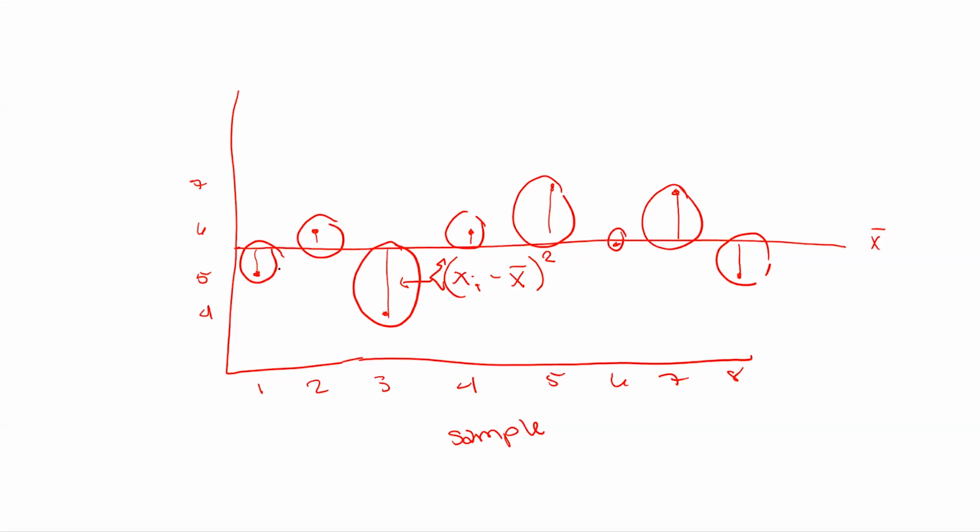Sum those together to see how much variation there is from the mean, and then we divide that by our degrees of freedom, our sample size, essentially. We're saying, what is the average distance between each point and the mean? So that's where we get the equation for variation.